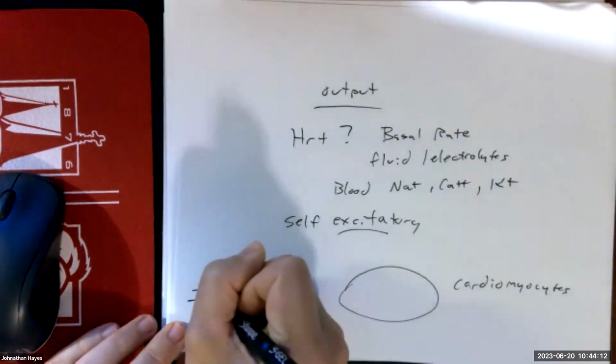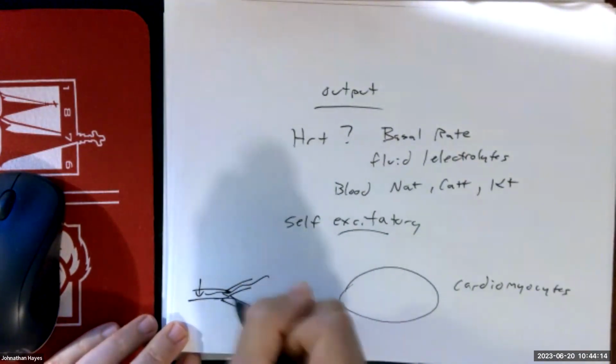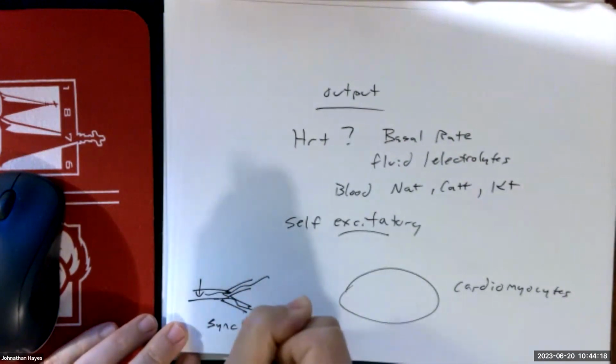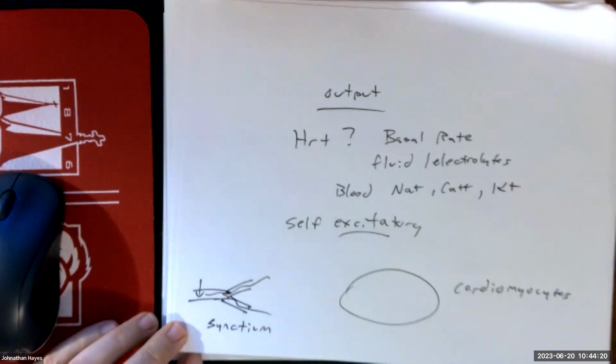So if I can generate a signal here, it can flow across the whole heart, and that ends up forming what's called a syncytium. Some people call it a syncytium, some people call it a syncytium, so you can throw a Y in there if you want to, you don't have to.